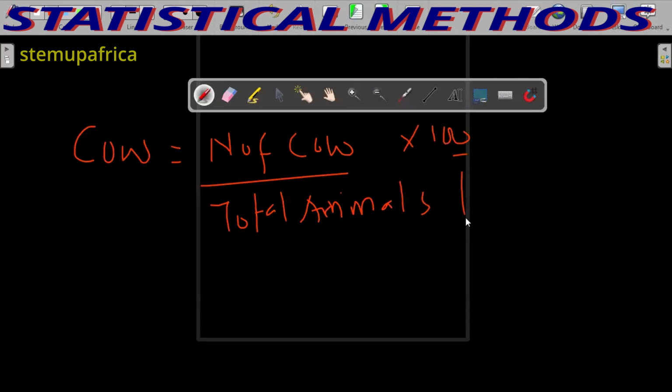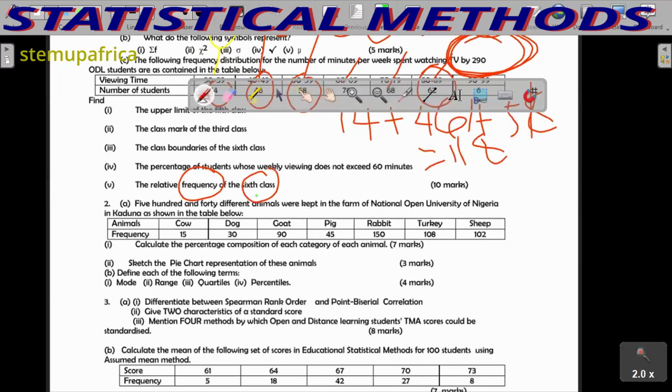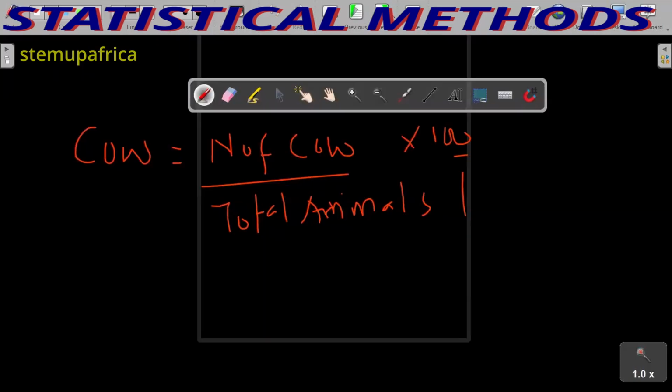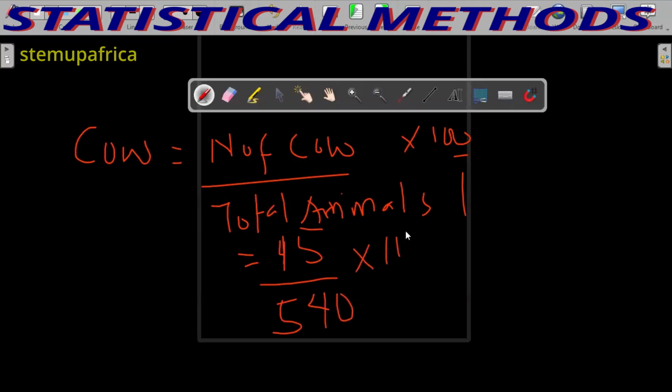So this is how you calculate percentage: number of cows needed over the total animals times 100. So for cow, how many cows do we have? We have 15. So that would be 15 over 540, which is the total number of animals, times 100 over 1, which is 1500 divided by 540.